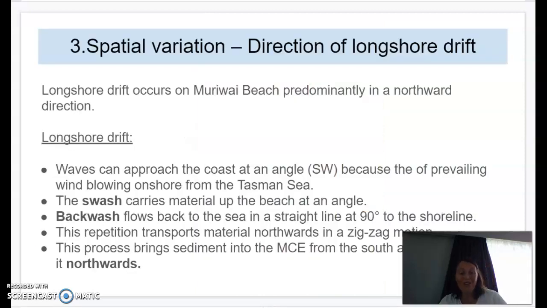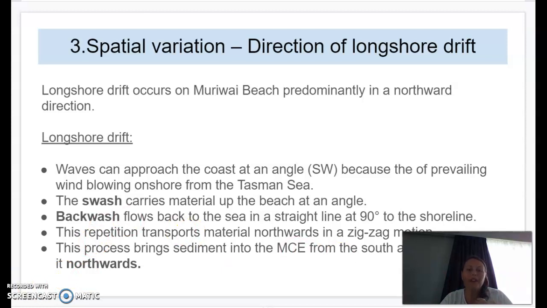The longshore drift. So this here actually impacts on the sandy beach. So this is the spatial variations of the sandy beach. So we know that through longshore drift and through swash and backwash, we get sediment either deposited or eroded from a beach. So that is part of the process there.